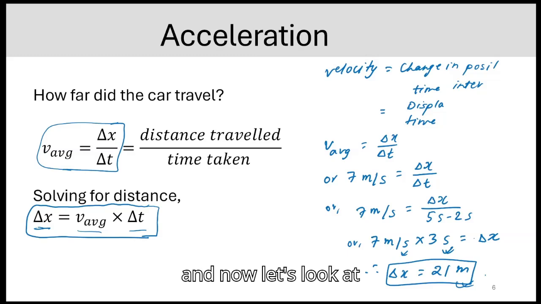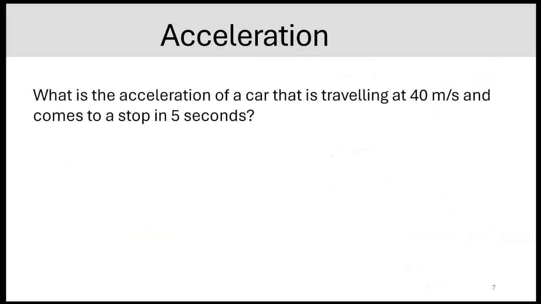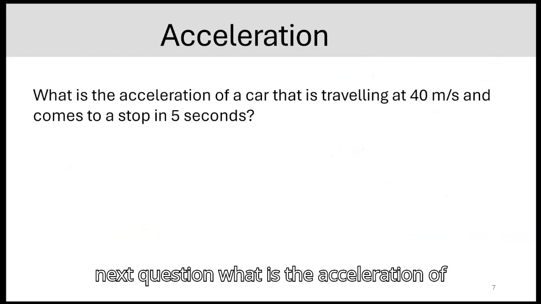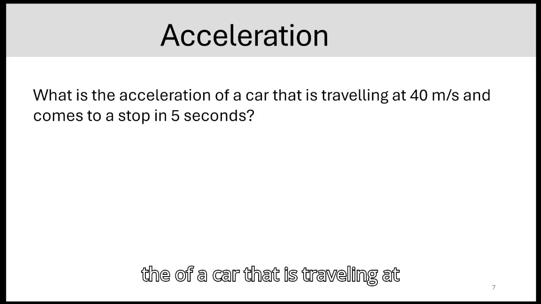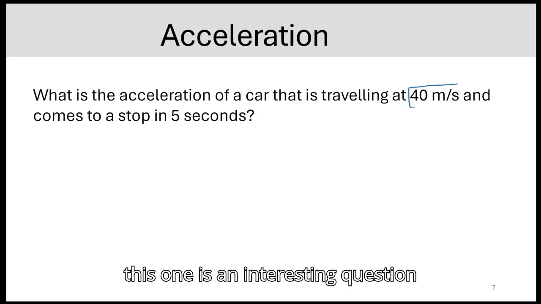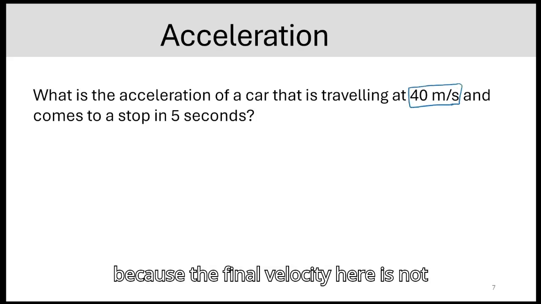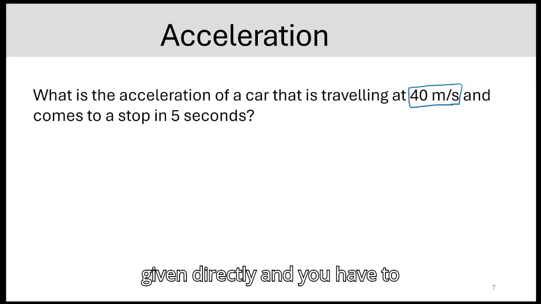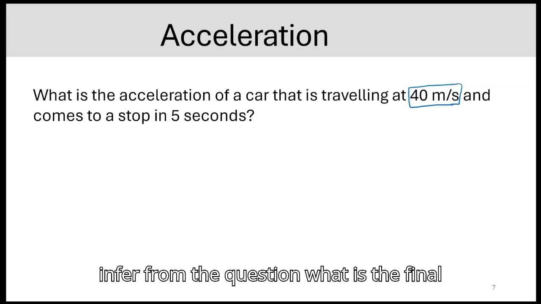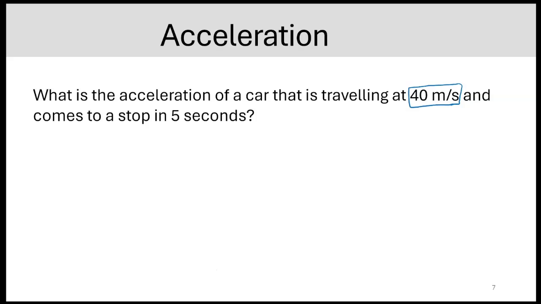And now let's look at the next question. What is the acceleration of a car that is traveling at 40 meter per second and comes to a stop in 5 seconds? So this one is an interesting question because the final velocity here is not given directly, and you have to infer from the question what is the final velocity.